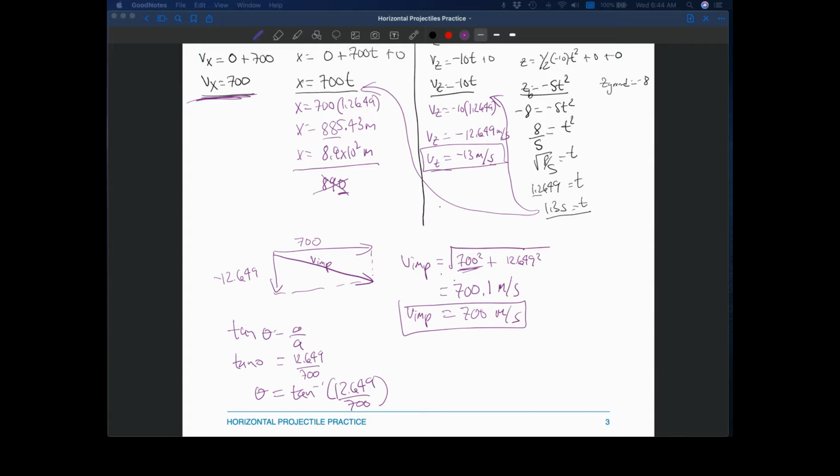And that is 1.035 degrees. Two significant digits is 1.0 degrees. And that would be the impact angle.